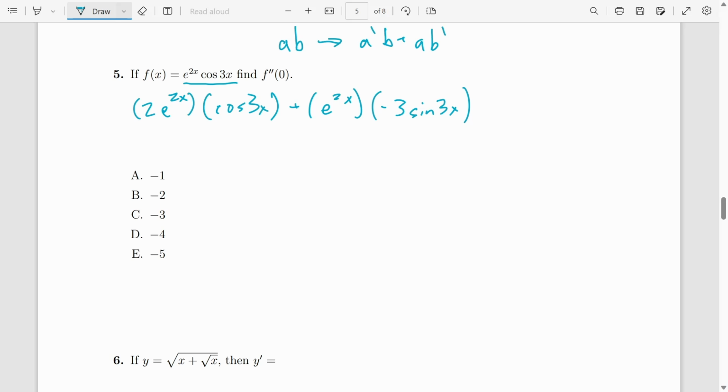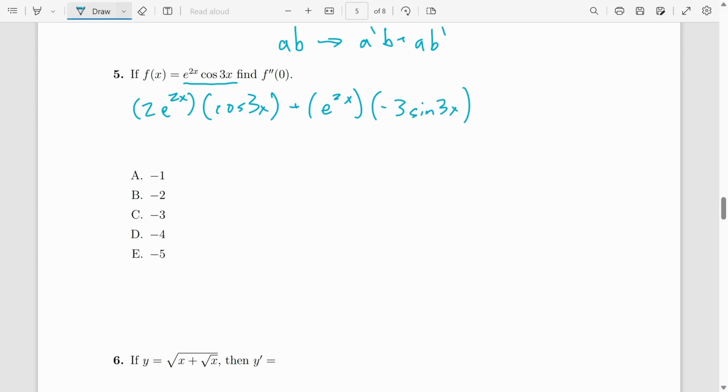Like we could do a product rule here and then a product rule there, and a lot of other things. We can simplify a little bit and minimize the work for our second derivative. Once we get the second derivative, we won't do any more simplifying since we just need to plug in a value. But for now, let's simplify this.